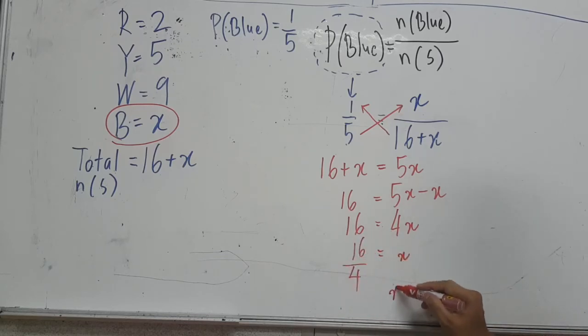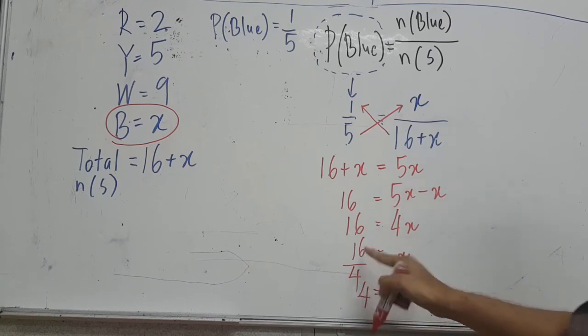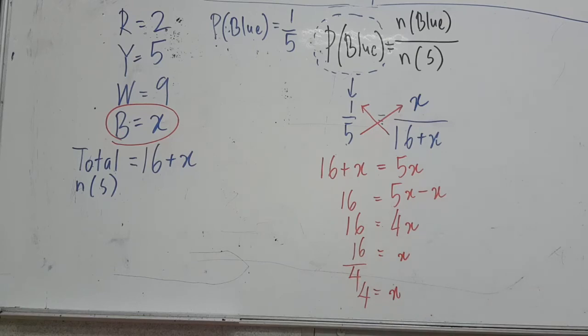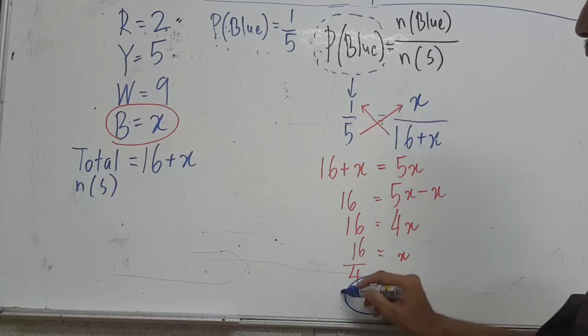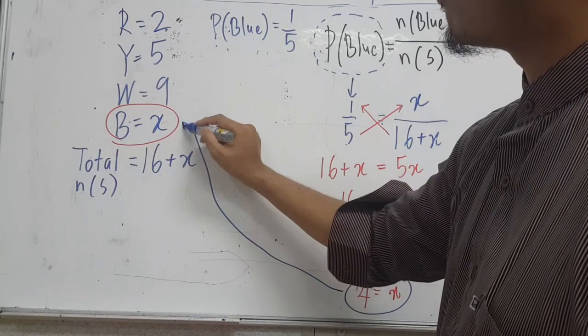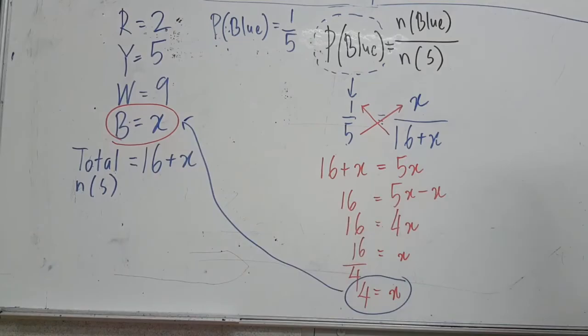So x is equal to 16 over 4, which is equal to 4. This is the number of blue cards.